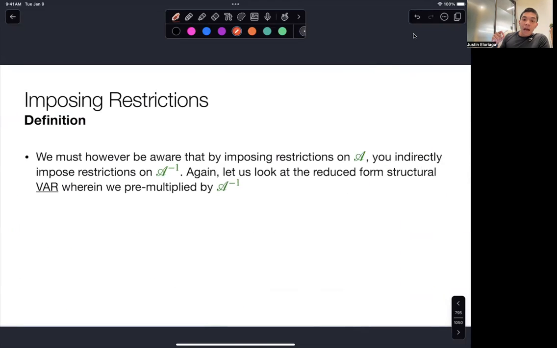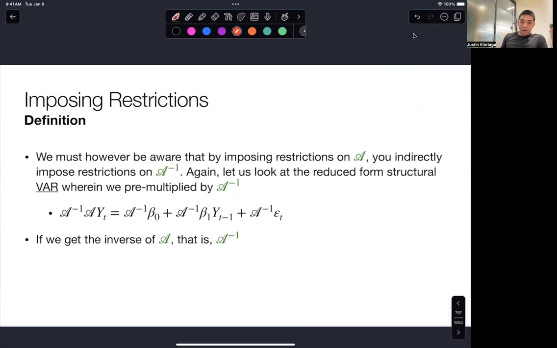We must, however, be aware that by imposing restrictions on A, you indirectly impose restrictions on A inverse as well. So again, let's look at the reduced form of the structural VAR. If we pre-multiply by A inverse, and this was our A, 1, 0, A2,1, 1.